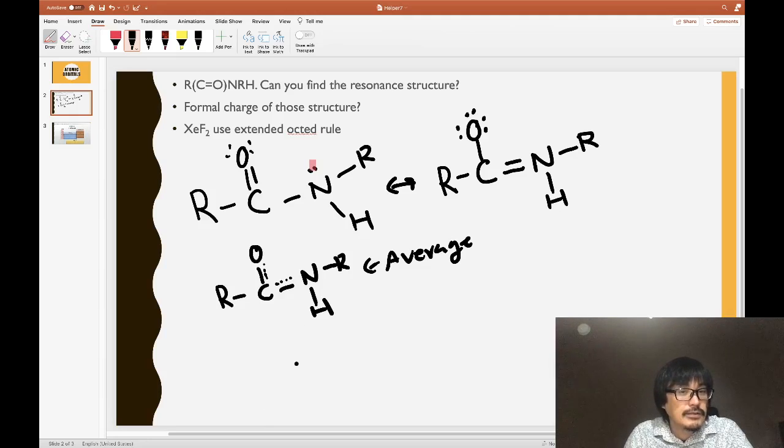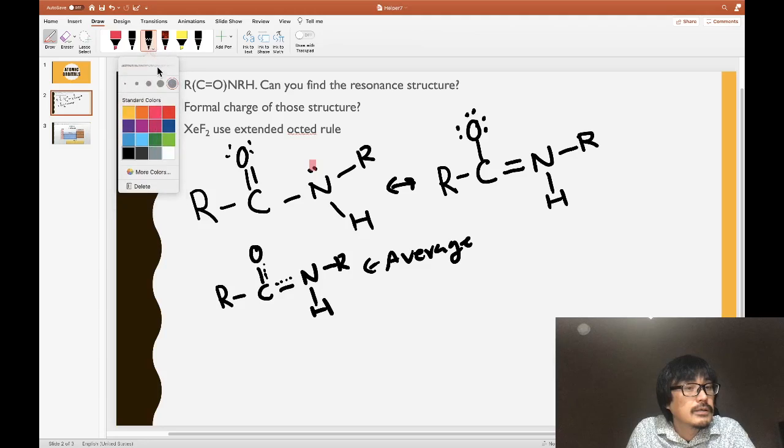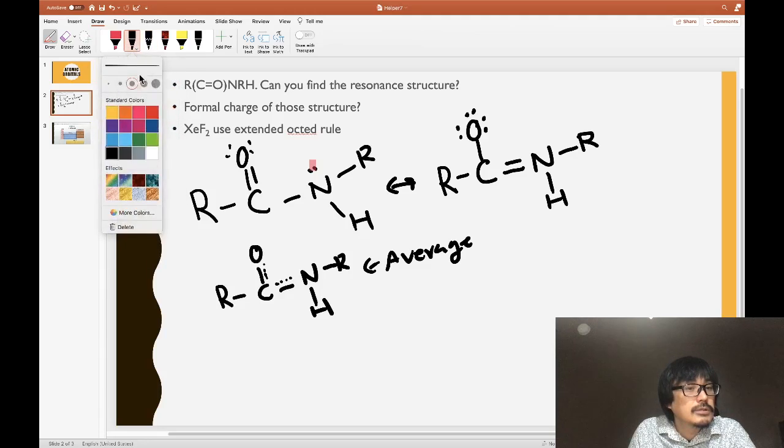Alright, that's good. Then the formal charge of these structures. So that's going to be a little bit interesting. You have already done this formal charge, right? Oh, why is this thing too big? Okay, let's try to use this one. Okay.